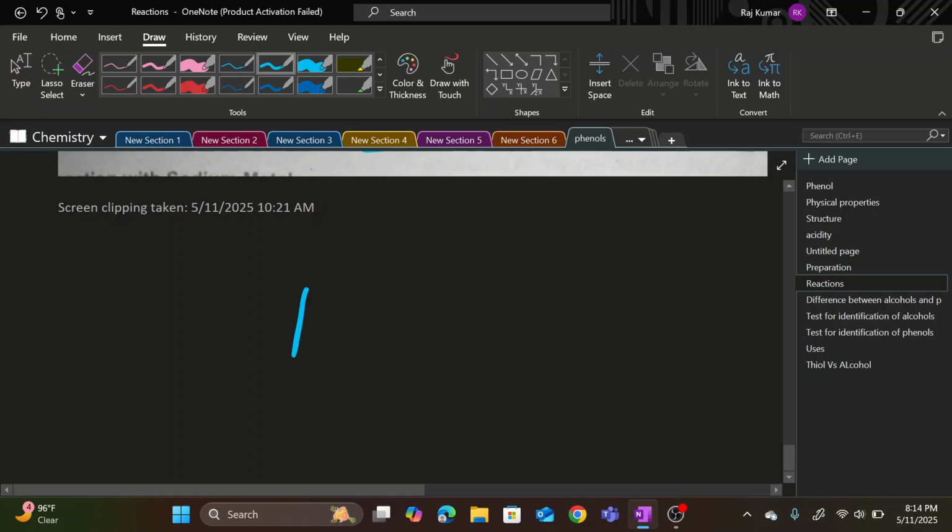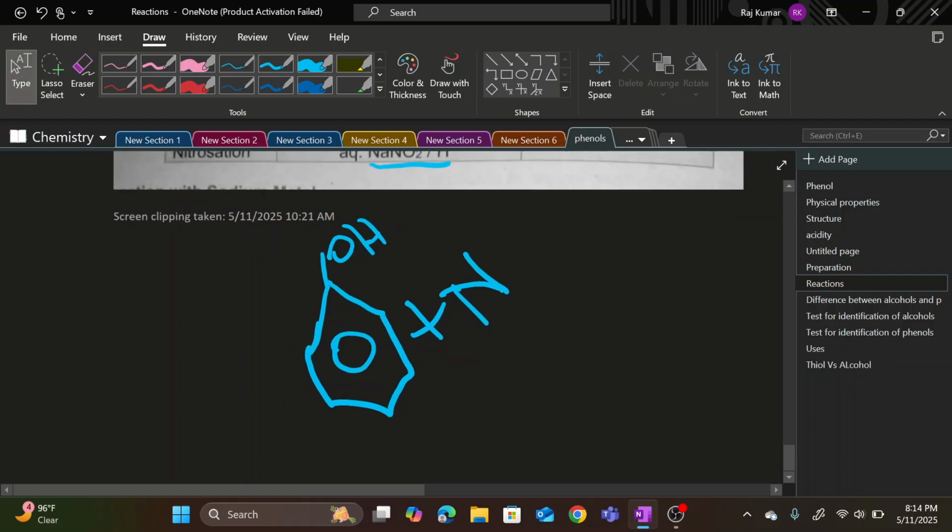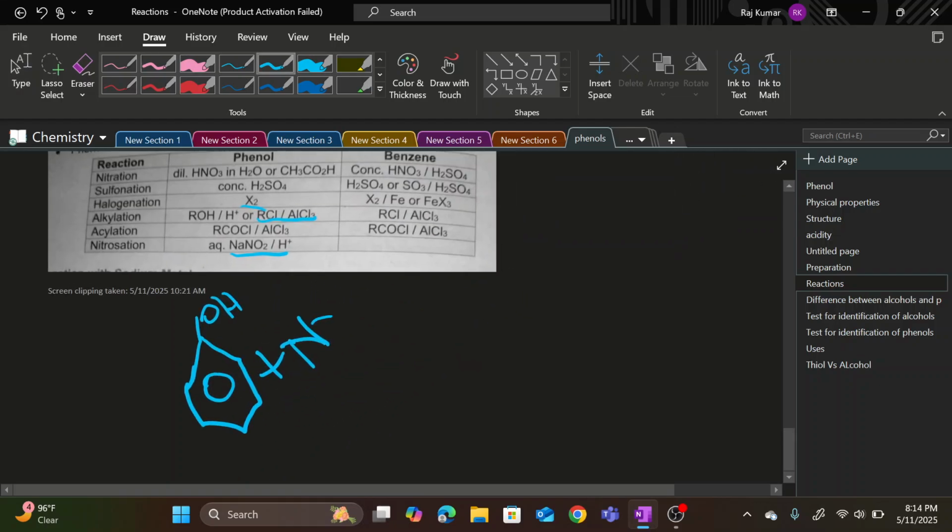Basically, whenever I take a phenol, I'm going to react it with either sodium nitrite or nitrous acid.